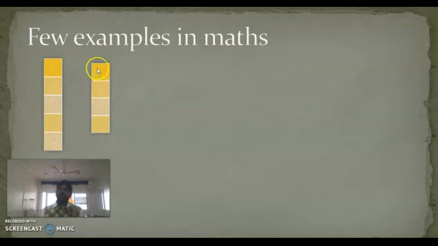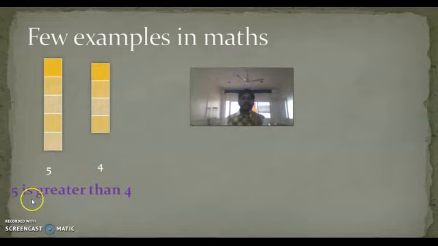Second bar: 1, 2, 3, 4. There are 4. And how to represent that? We use the words in mathematics, greater than. 5 is greater than 4.